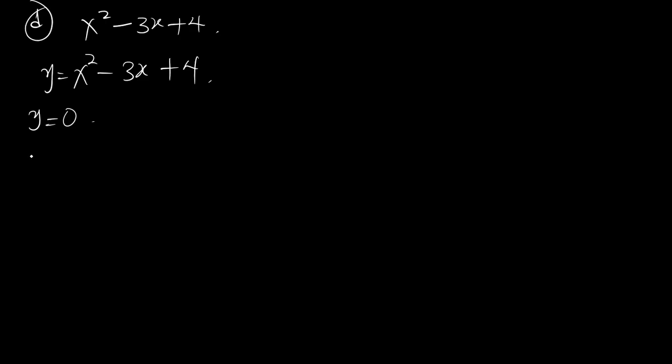We look at the boundary conditions first. Say x squared minus 3x plus 4 is equal to 0.